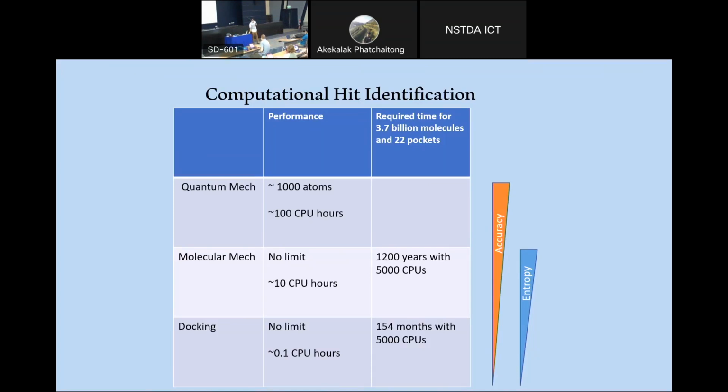But even when we are dealing with billions of molecules, even docking takes a lot of time. Okay? So for this scenario, if I was given 5,000 CPUs, I would have needed 12 years to finish all the dockings of 2.2 billion molecules, of 3.7 billion molecules.